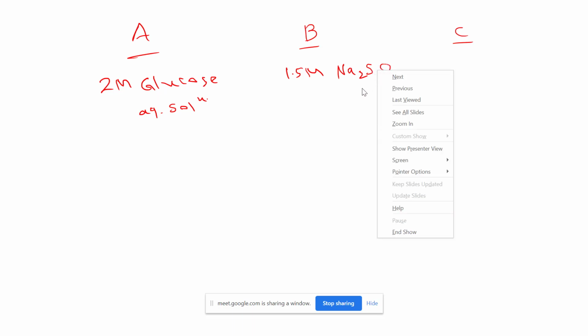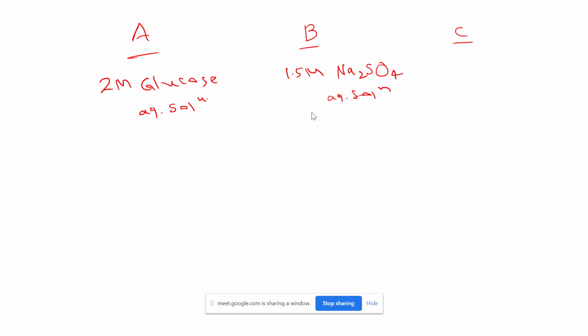So, write 3 solutions again: A, B and C. Here we have some different concentrations. 2 molar glucose aqueous solution, and then 1.5 molar sodium sulfate aqueous solution, and then 3 molar formic acid, alpha is given 0.1, aqueous solution.